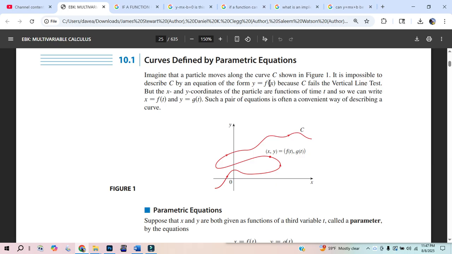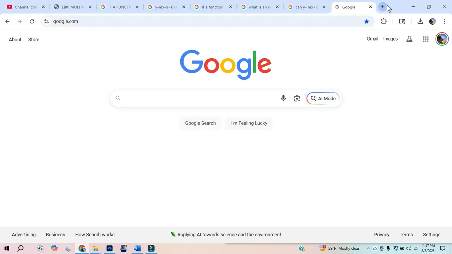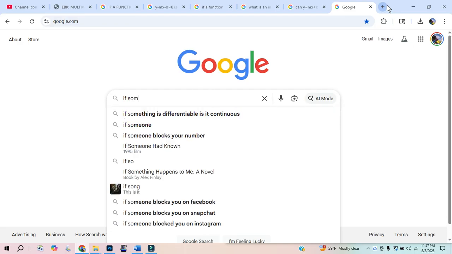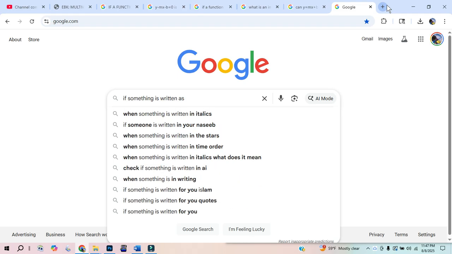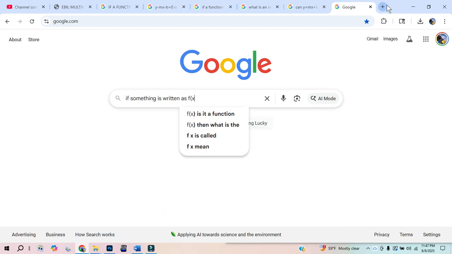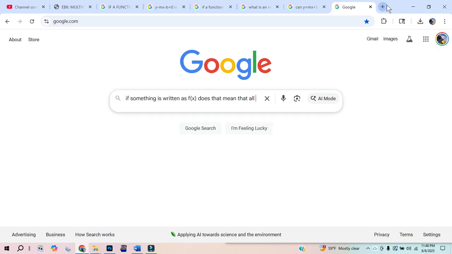Maybe we could even Google that right now. So if something is written as f of x, does that mean that all other variables in that expression, is that how you call it, expression, because it's not an equality yet, are constant?